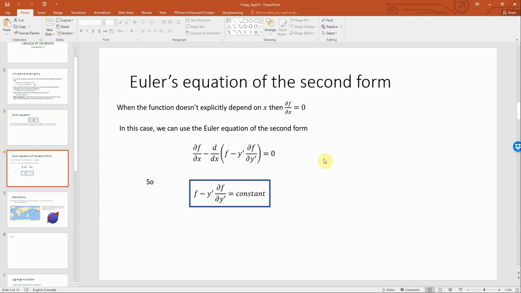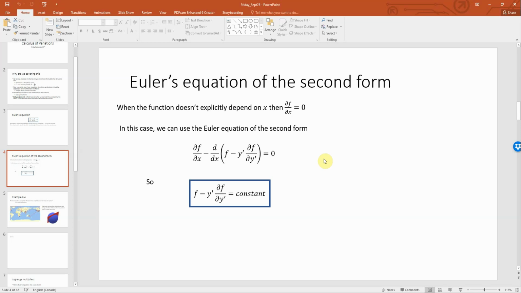When the function f doesn't explicitly depend on x, so the partial derivative of f with respect to x, the independent variable, is equal to 0, then we get Euler's equation in the second form. That's written as the partial derivative of f with respect to x, which of course we know is 0, minus the full derivative with respect to x of f minus y prime times the partial derivative of f with respect to y prime, and that's equal to 0.